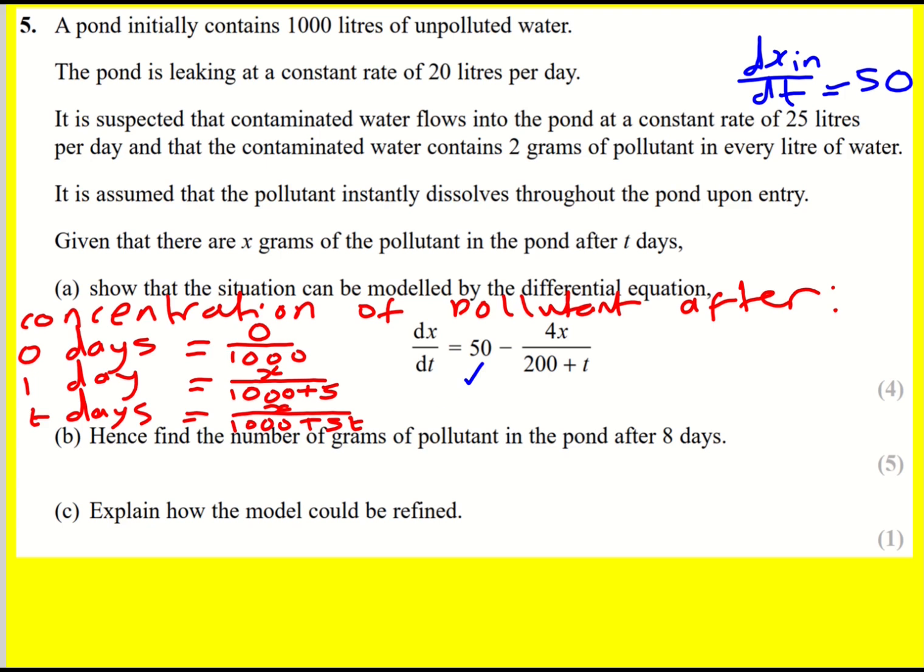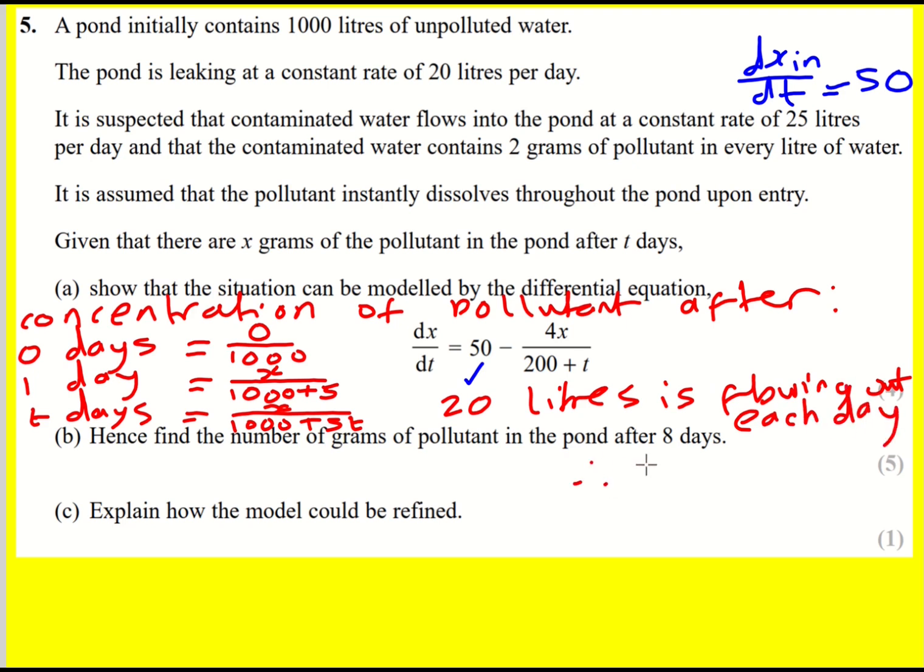And then we can use that with the fact that 20 litres is flowing out each day. So therefore, dx out by dt, the rate of change, is going to be minus, because it's flowing out, this 20 multiplied by the concentration of pollutant. So 20 times x over 1,000 plus 5t.